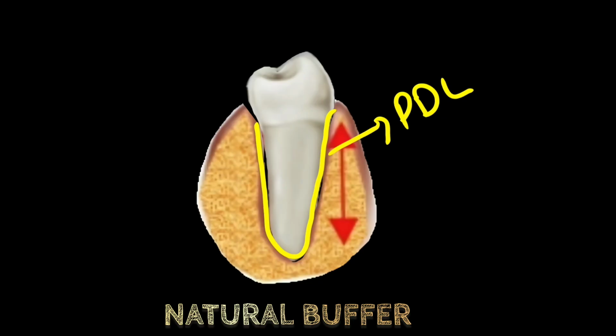This periodontal ligament enables the teeth to dissipate the load by permitting apicolateral movement, which acts as a protective mechanism. Since implants are rigidly fixed, any non-axial load becomes a problem. We must mimic natural teeth as closely as possible.